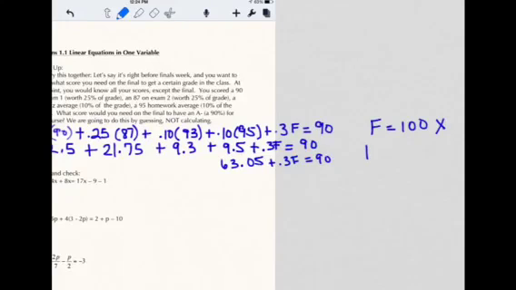So what if the final were worth, let's say, 80 points? Let's go in the other direction. That's probably too low because let's actually calculate that one. 63.05 plus 30% of a score of 80, does that equal at least 90? I don't know. 0.3 times 80 should be 24 points.